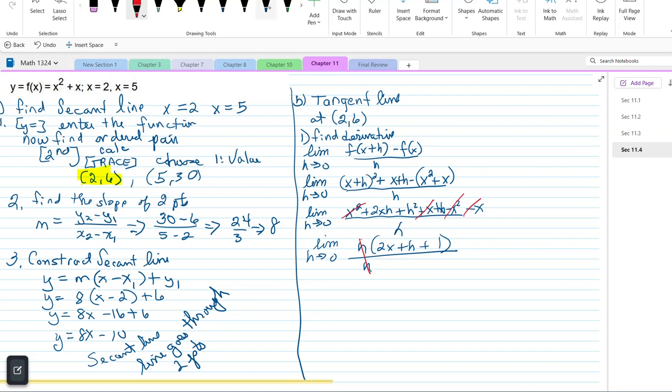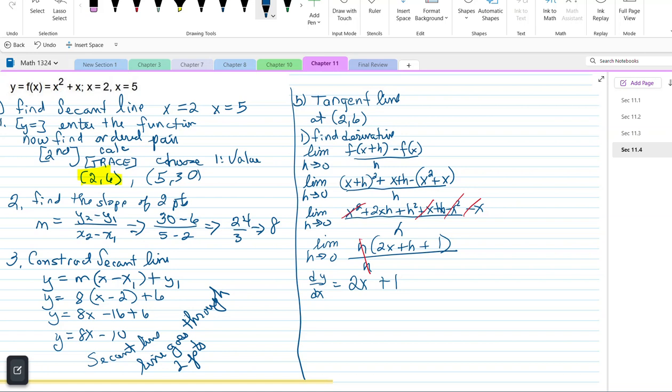So now I'm putting 0 everywhere h is. So our derivative function is dy dx equals 2x plus 1.